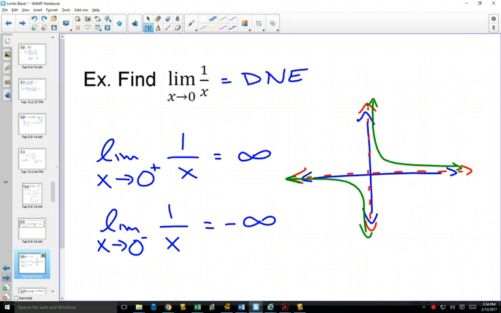Your right-hand limit means you're getting closer to 0 from the right side. And you can see that from the right side it goes up forever. So then that limit would be positive infinity. As you're coming to 0 from your left side, it goes down forever. So your left-hand limit is negative infinity. Since both of those aren't the same, we would say at x equals 0, the limit does not exist.